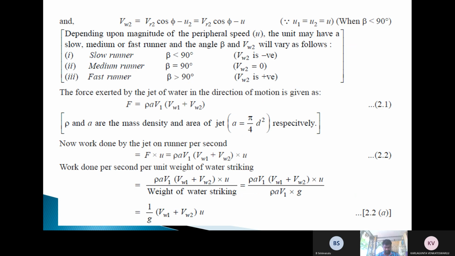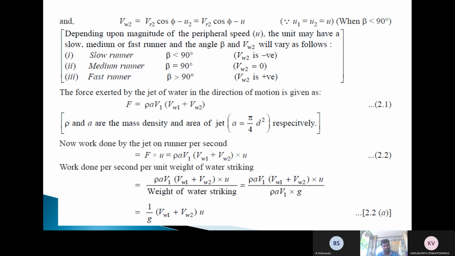VW2 equal to VR2 cos phi minus U2, that is equal to VR2 cos phi minus U. Okay, now next, this is the force exerted by the jet of water in the direction of motion, that is F equal to rho A V1 into (VW1 plus VW2).